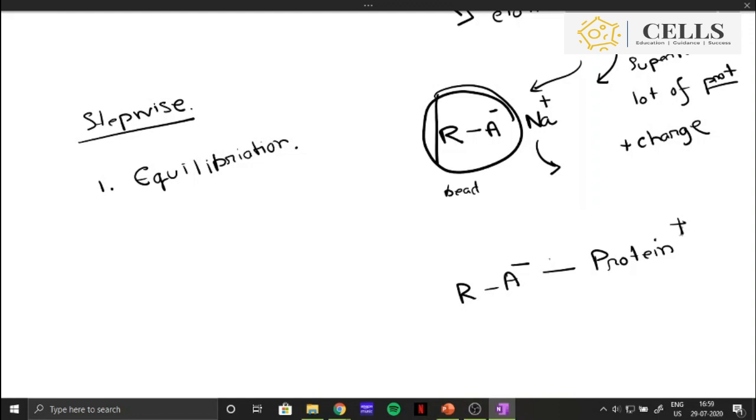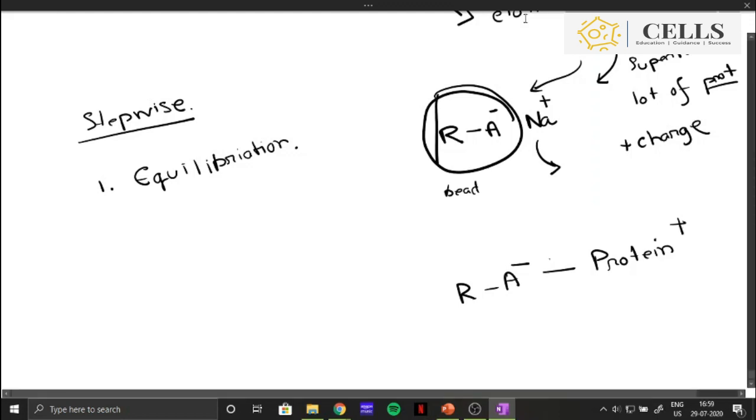But if you put a lot of protein in it that has a positive charge, it will replace it, because this binding is not a constant process, it's a dynamic process. Every time a few of the Na plus bound to the resin get removed, other Na plus comes. So this is a dynamic process, not a static process. When the environment has a lot of Na plus in it, it will replace an Na plus with an Na plus only.